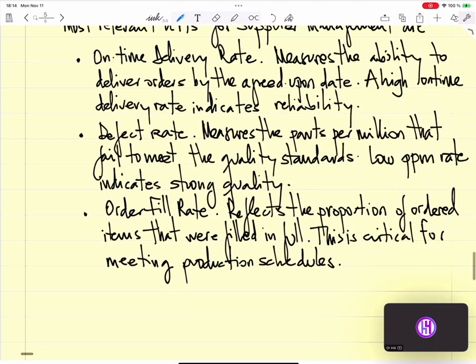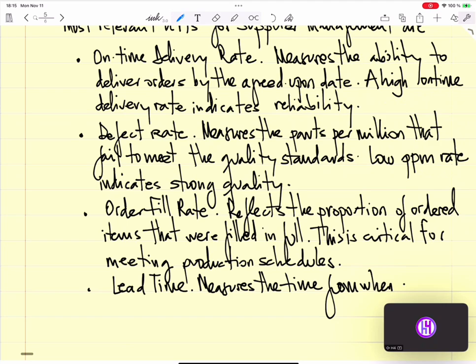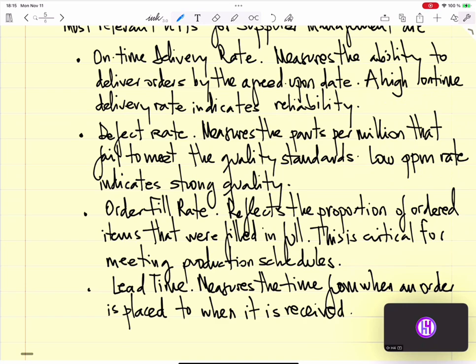Another one would be lead time. For me, lead time is the most important KPI at all in process management. Measures the time from when an order is placed to when it is received. Okay.